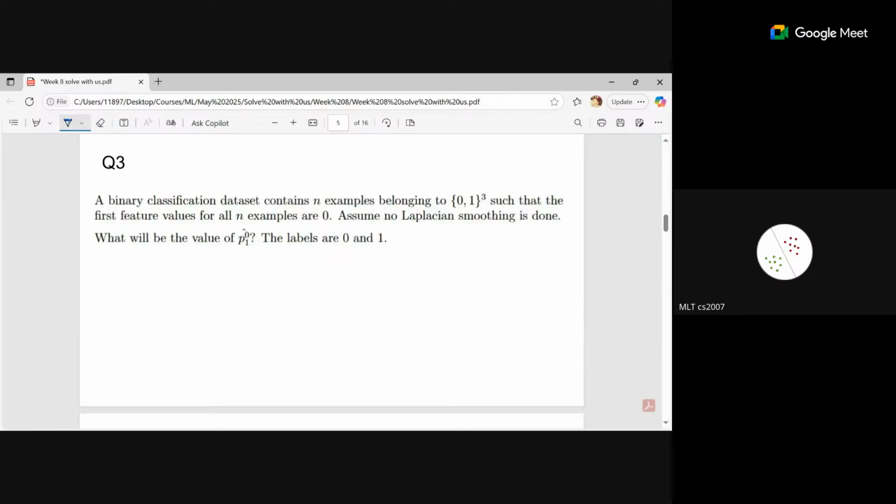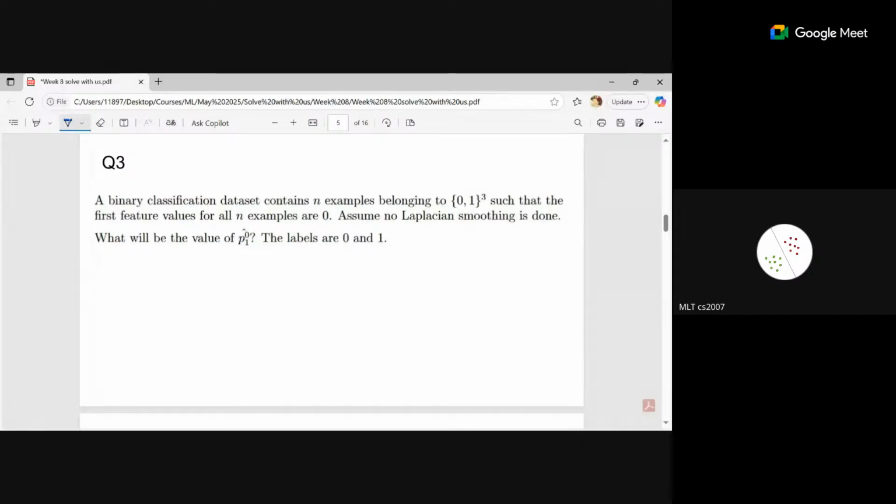So here, the third question says a binary classification dataset contains n examples belonging to {0, 1}^3, such that the first feature values for all n examples are 0. You have to assume that no Laplacian smoothing is done.